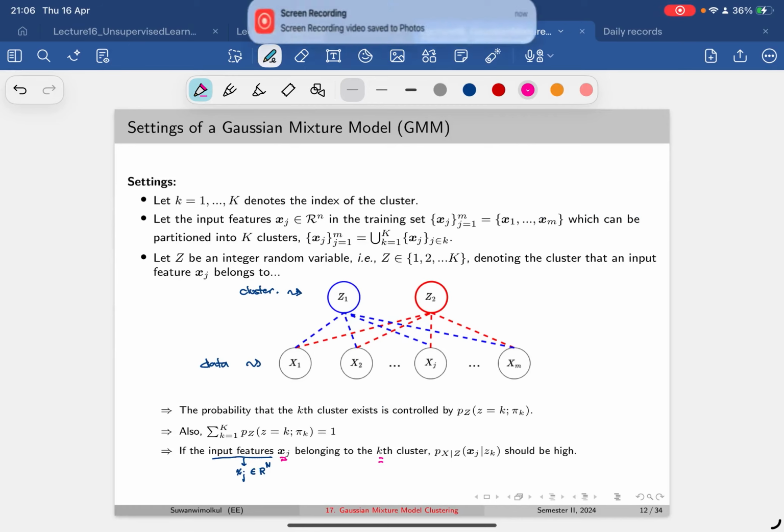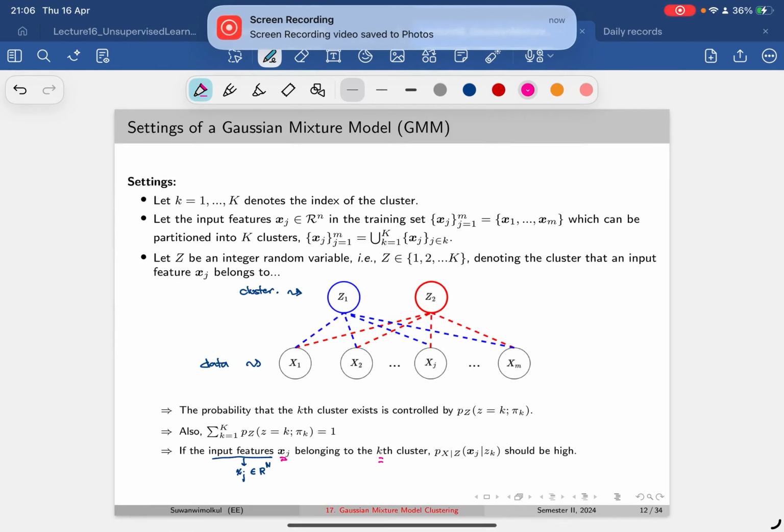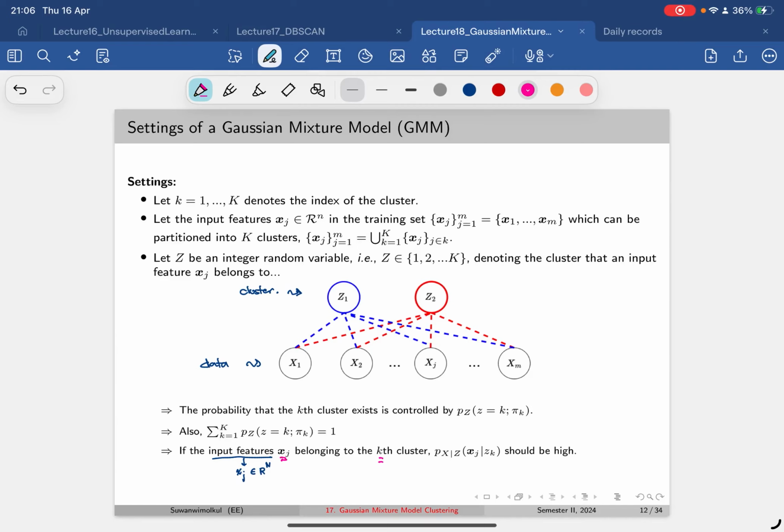Explore the Gaussian mixture model. In the Gaussian mixture model, we use a similar representation to previously, but we will have certain meanings towards the probability and why we want to consider them in this setting.